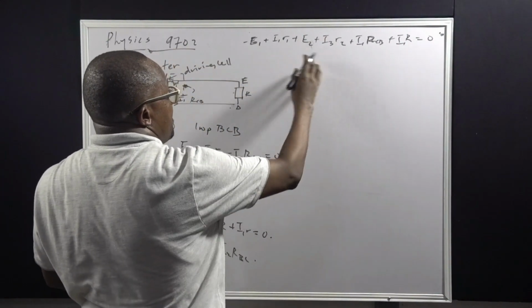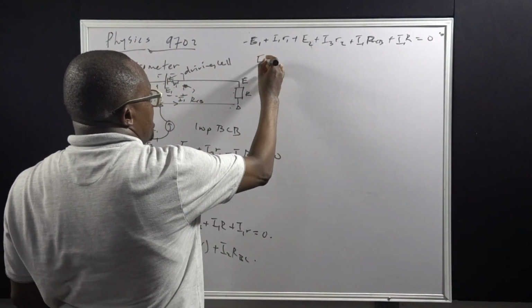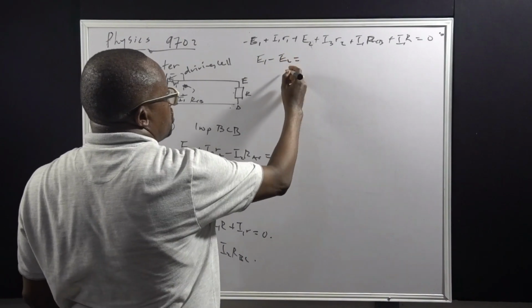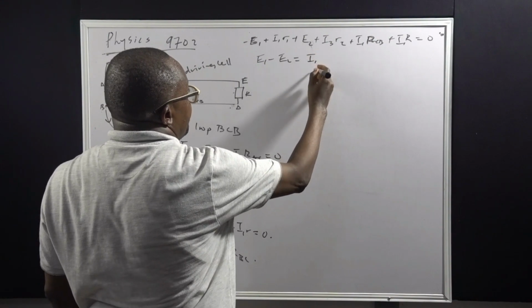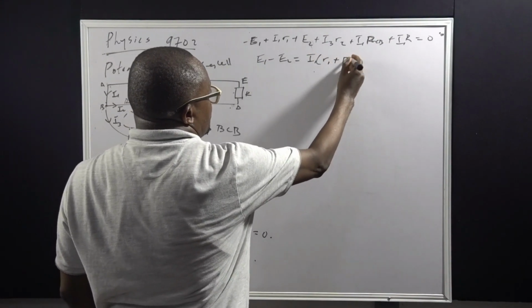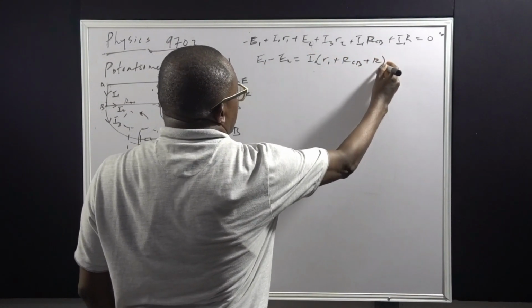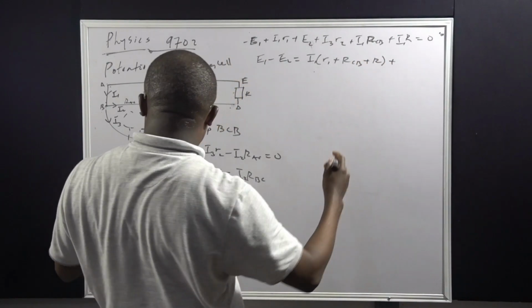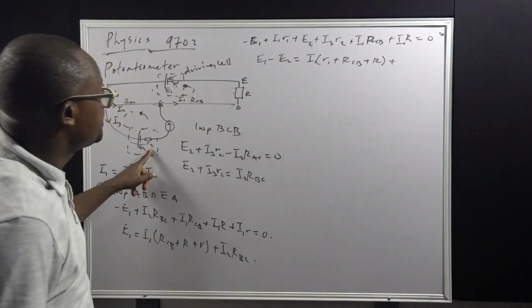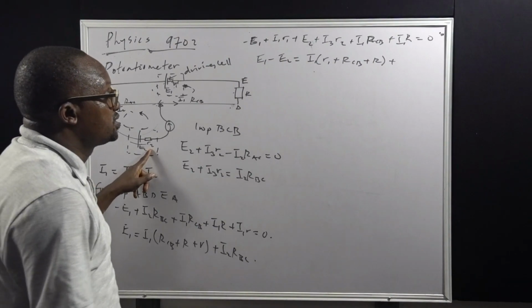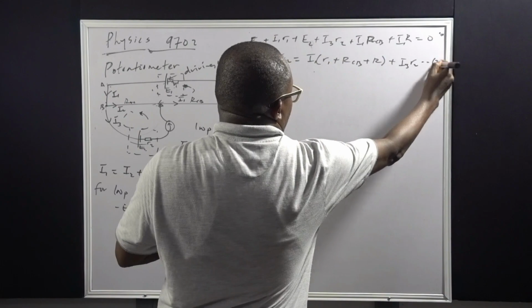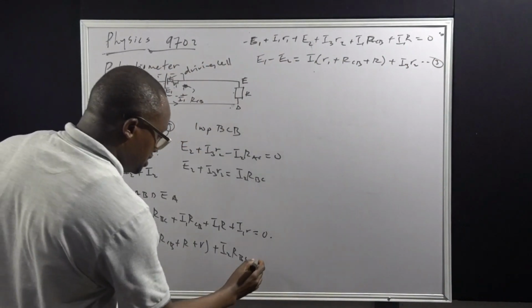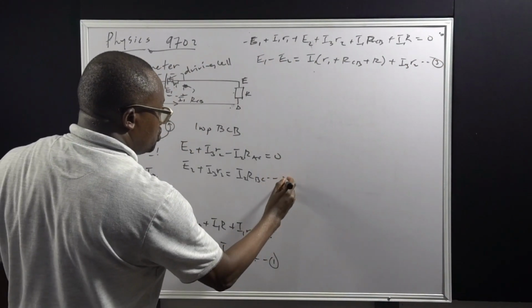So if I take EMF across the coefficient, I'm going to have E1 minus E2 is equal to I1 into R1 plus resistance of CB plus R, plus the PD across the internal resistance of this one, plus I3 R2. Let's call this one equation 3. This is equation 1, this is equation 2.